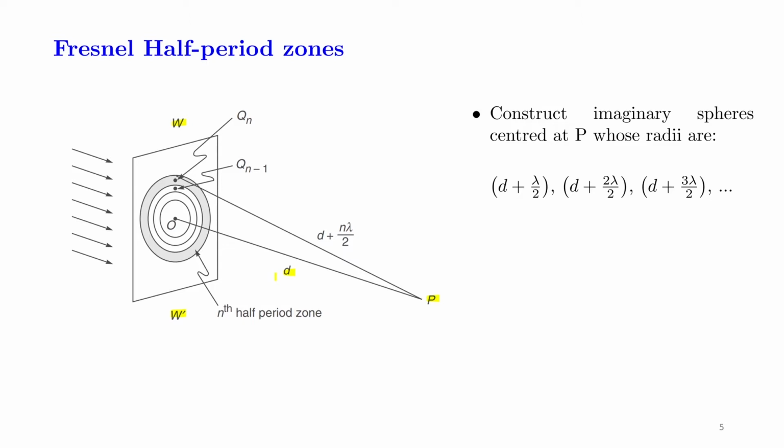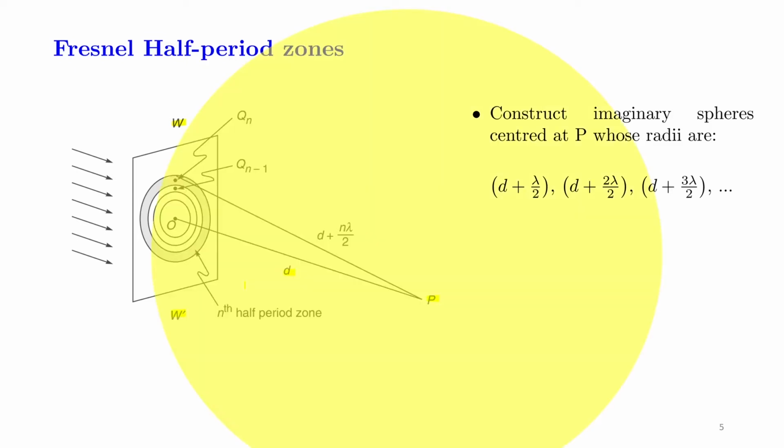That is, the distance PO is equal to d. We have to find the resultant intensity at P due to the wavefront W prime. For that, we will construct imaginary spheres centered at P whose radii are d plus lambda by 2, d plus 2 lambda by 2, d plus 3 lambda by 2, etc.